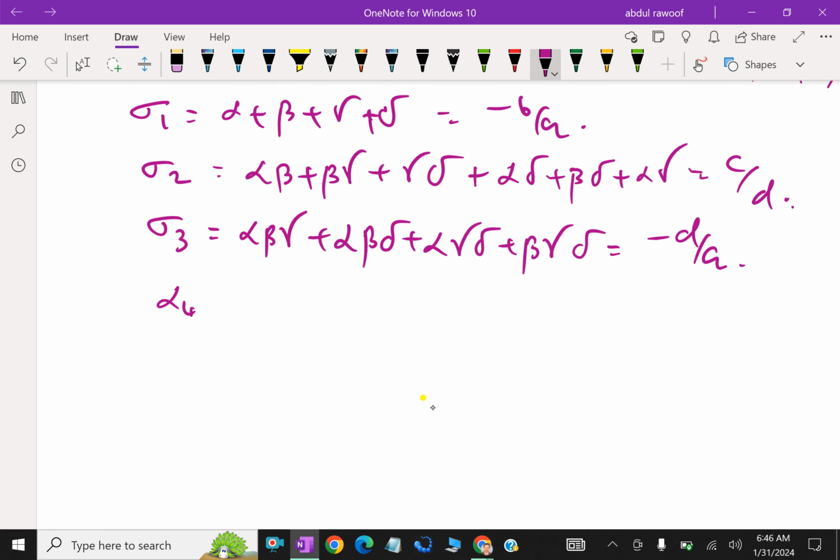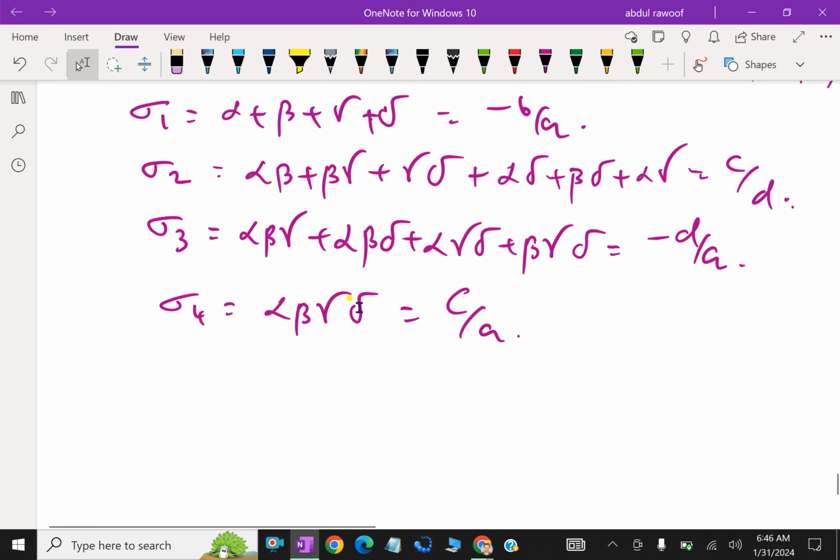Then sigma 4, which is the product of all roots, alpha beta gamma delta, is equal to e by a.